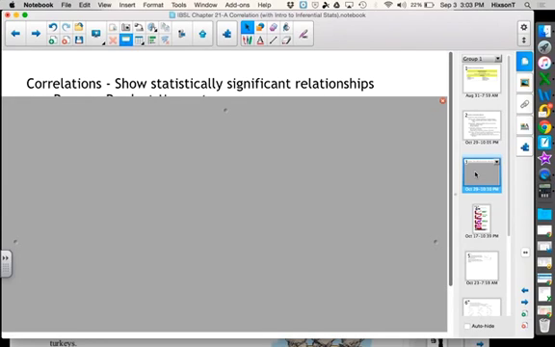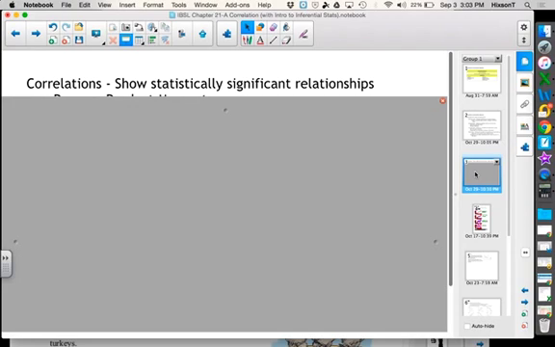Now, there are 3 main tests. We're going to look specifically at one, but I'll tell you a little bit about all 3 because none of these tests are really that hard to run. All of these tests would be good examples of topics that you could use for your IA.